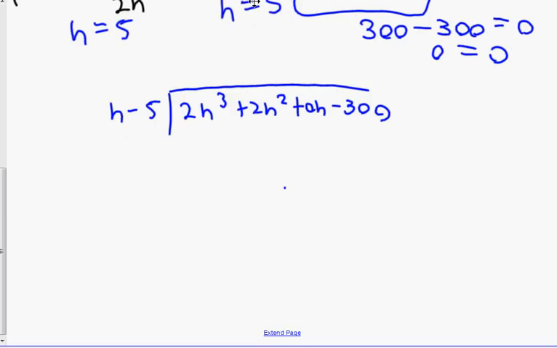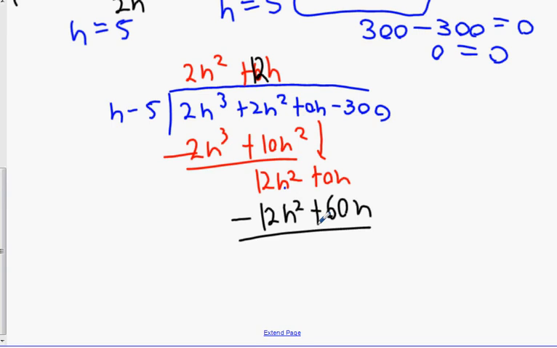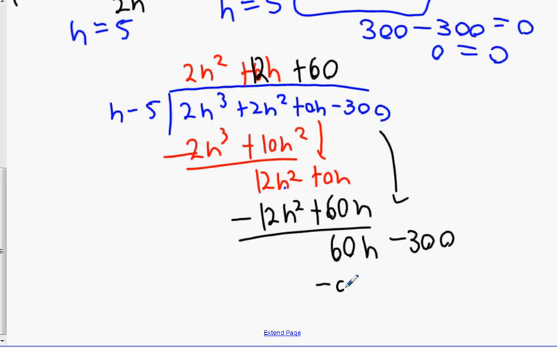So 2h squared, 2h cubed minus 10h squared, plus 12h squared, 12h in the middle, 12h squared minus 60h, plus 60h, minus 300, bring down the minus 300, and it'll work.